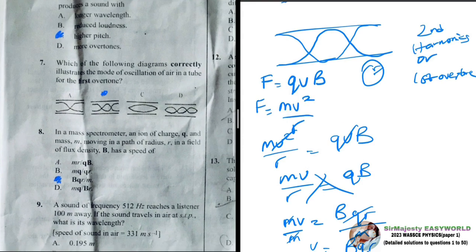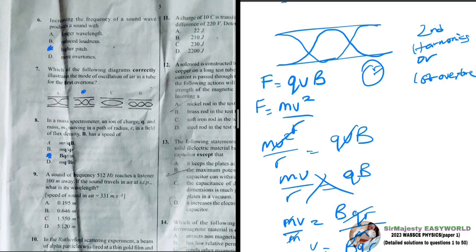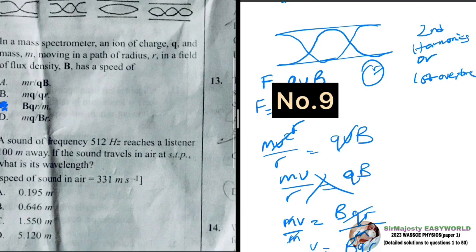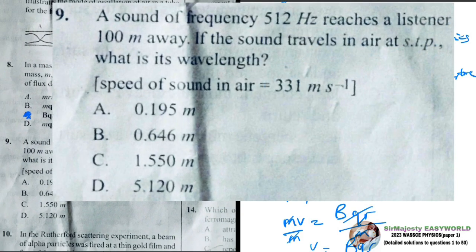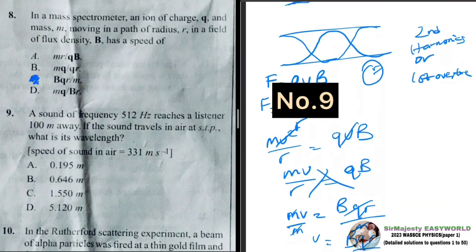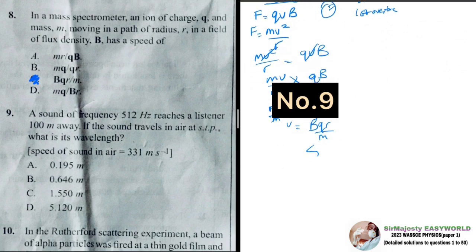So the next question we're going to go to is number 9. A sound of frequency 512 Hz reaches a listener 100 meters away. If the sound travels in air at STP, what is its wavelength? So we're going to use the formula, speed is equal to frequency multiplied by wavelength. Our speed here was given as 331 meters per second. Our frequency is 512 Hz, so our wavelength can be easy to find.